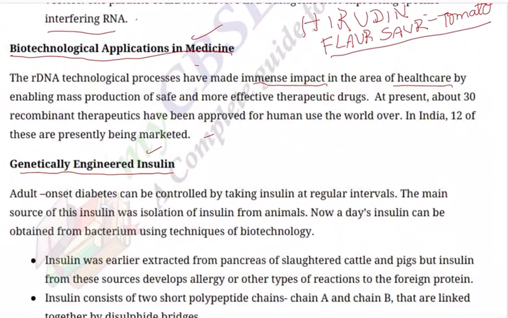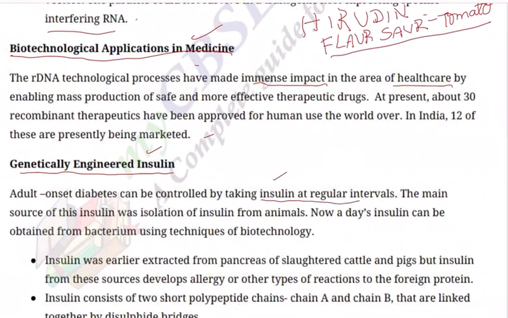This results not only in making the person weak, but if there is any injury to that diabetic person, it takes a lot of time to heal compared to a normal healthy person. So adult onset of diabetes can be controlled by taking insulin at regular intervals.